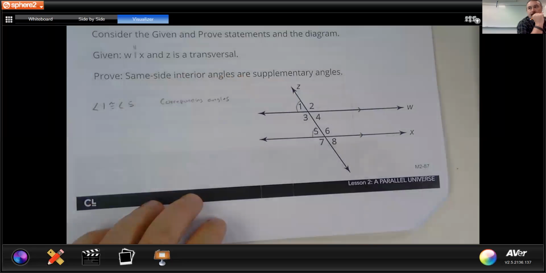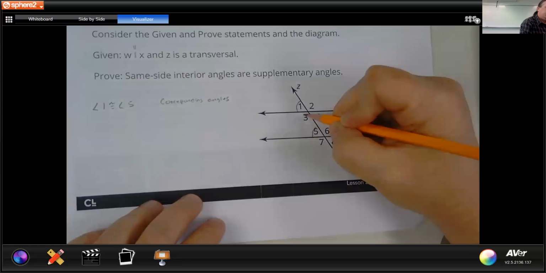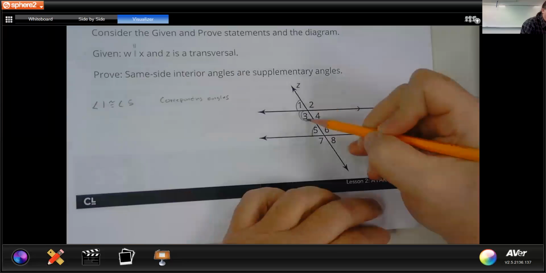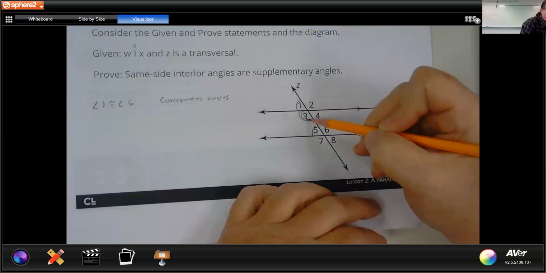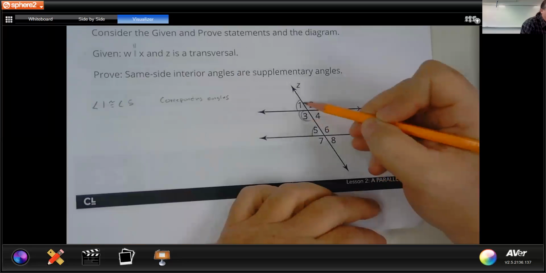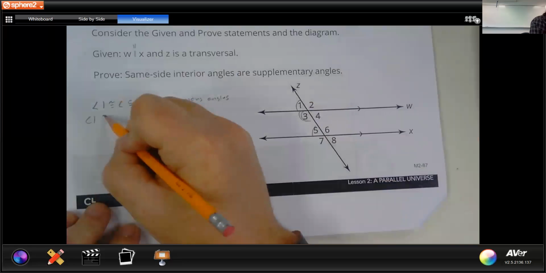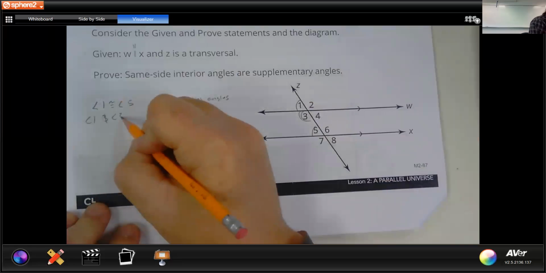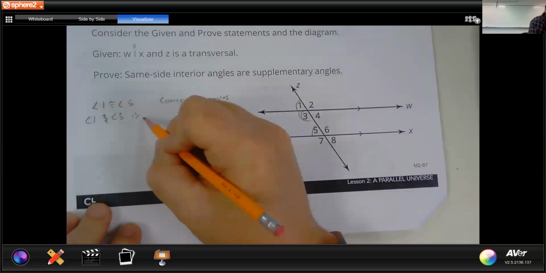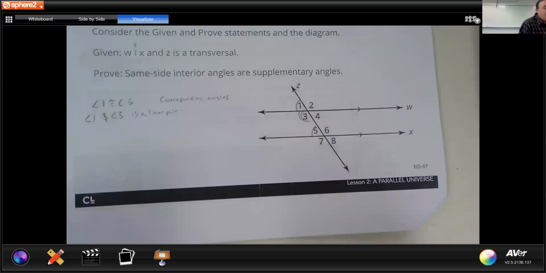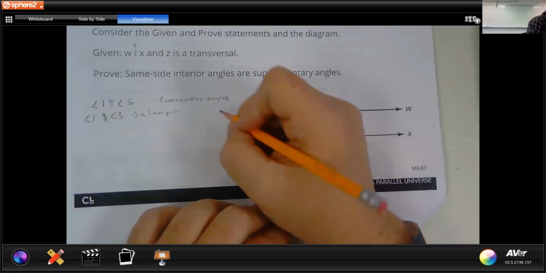We're also going to say that angles 1 and 3 are a linear pair, which makes sense, right? 1 and 3 are a linear pair because they sit on a straight line and they're adjacent to each other. So we can go ahead and say that angle 1 and angle 3 are a linear pair. And why can we say that? Well, that's the definition of a linear pair, right?